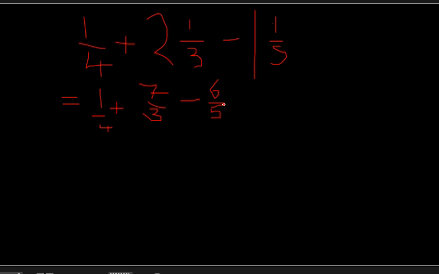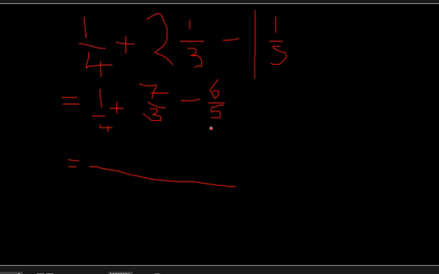Now, let's look for the lowest common denominator where you have 4, 3, and 5, all of them can go in without leaving a remainder.